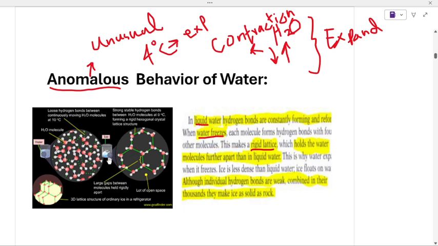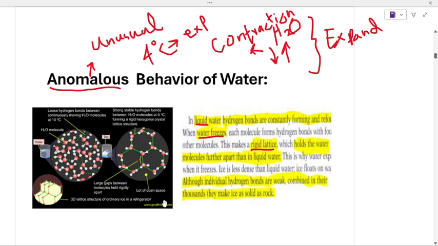But when it reaches the ice condition, after 4 degrees centigrade, lowering the temperature, there are specific arrangements, called the rigid lattice, or hexagonal rigid lattice. Because of this rigid lattice, some open spaces form in between the water molecules. That's why there is an increase in volume. So the volume increases, and that's why we say this is an unusual, anomalous condition.